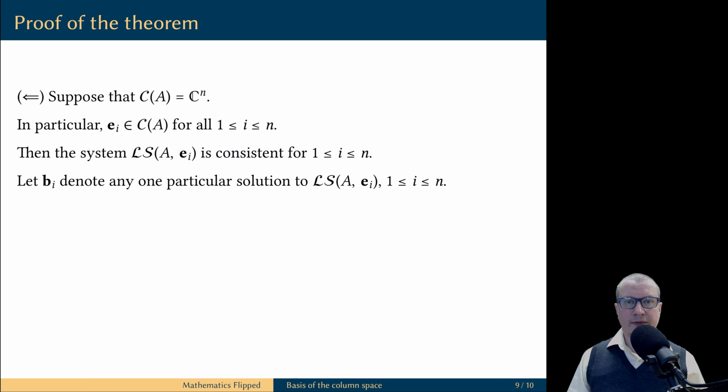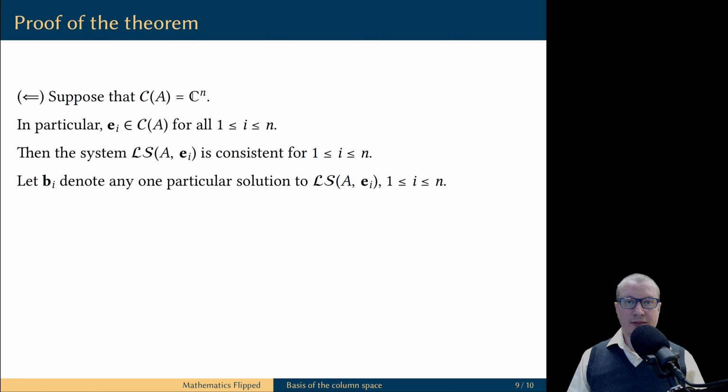To say that a vector is in a column space of a matrix A is the same as to say that the linear system with A as the coefficient matrix and this vector as a vector of constants is consistent. Therefore, we have n consistent linear systems where the coefficient matrix is always the matrix A and the vector of constants runs through all the possible standard unit vectors.